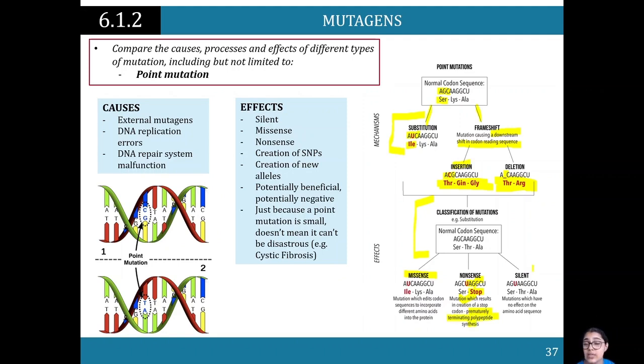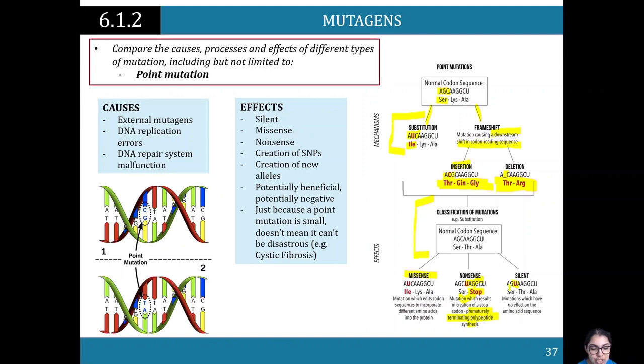A silent mutation, on the other hand, is when, luckily, yes, there has been a change here, but if you look at the amino acid table, you'll see that there can be a variation of anticodon sequences that lead to the production of one amino acid.